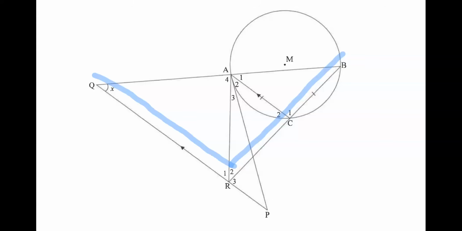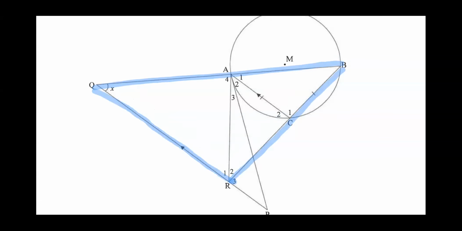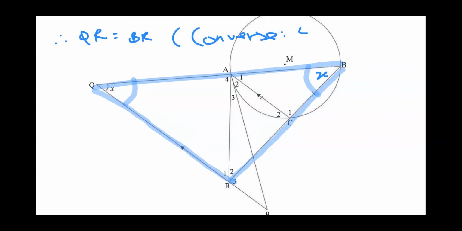So basically, this angle Q here is X. We also proved angle B equal to X. So since they are equal, we can say that therefore QR is now equal to BR, because it's the converse of the isosceles triangle. So we say converse, angles opposite equal sides.